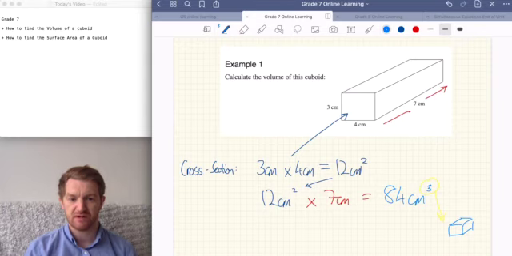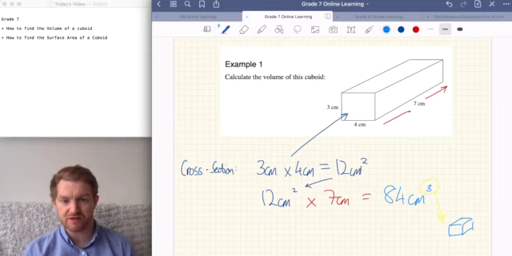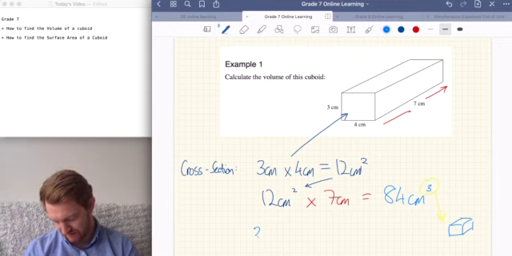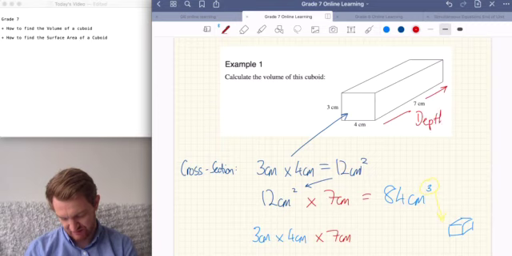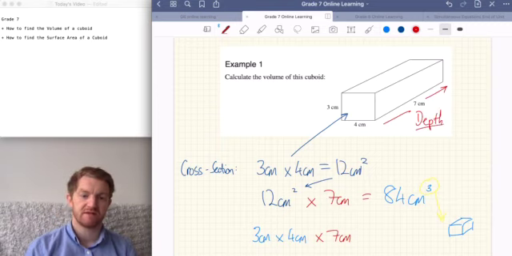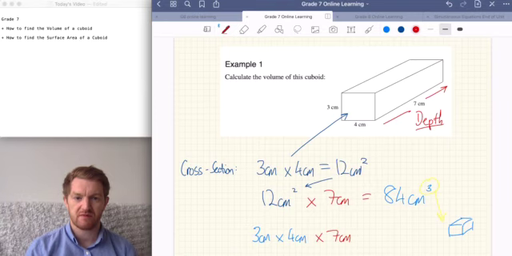So volume of a cuboid is a nice easy one, because you just multiply the front by the projection, or the depth. So sometimes you'll hear this called the depth. Okay, so multiply the two at the front and the one at the side, or even easier, times them all together.